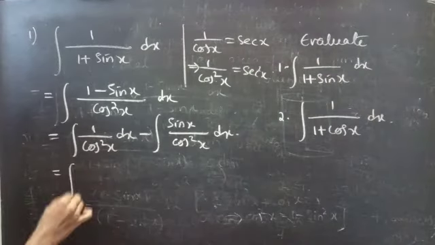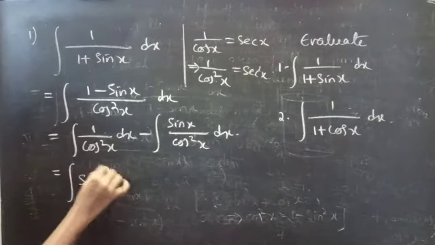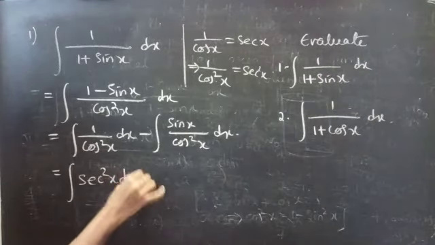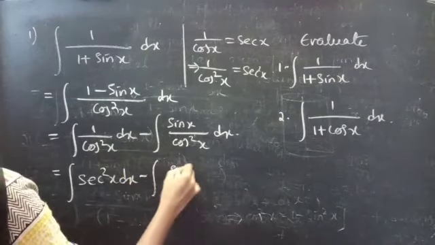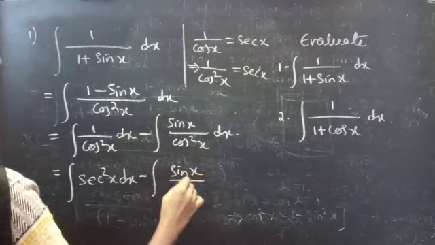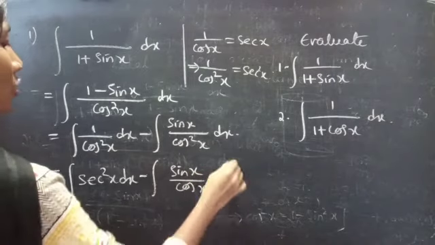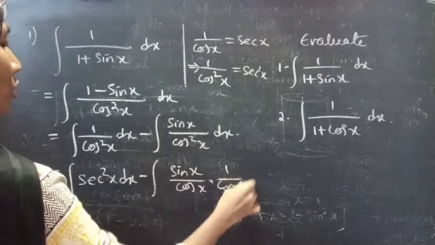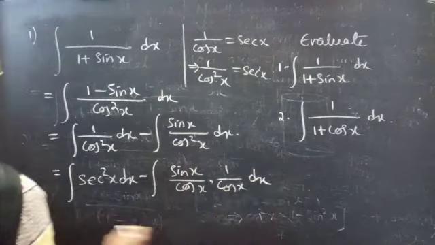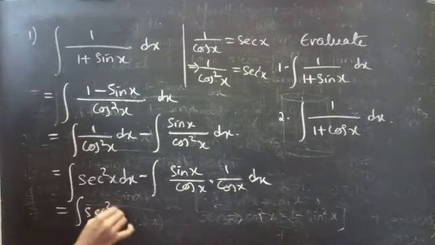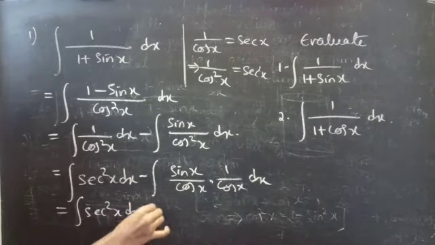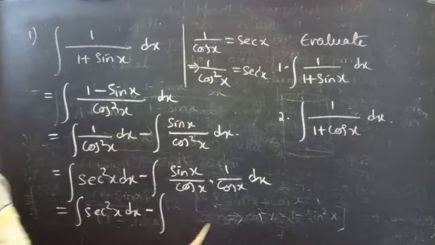So now you could write it as the integral of secant square x dx minus, here you have sin x by cos square x, so you could write it as sin x by cos x into 1 by cos x dx.